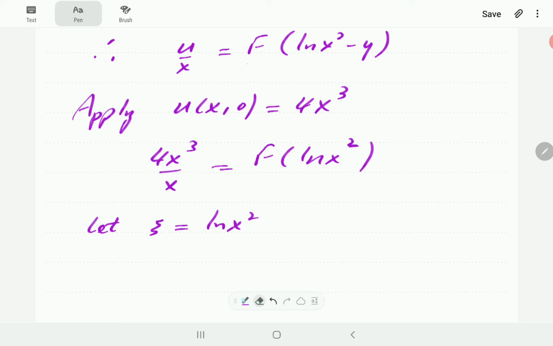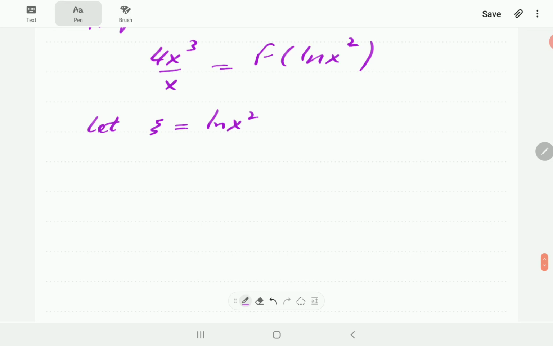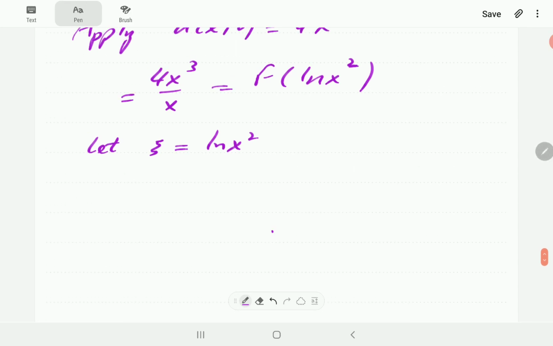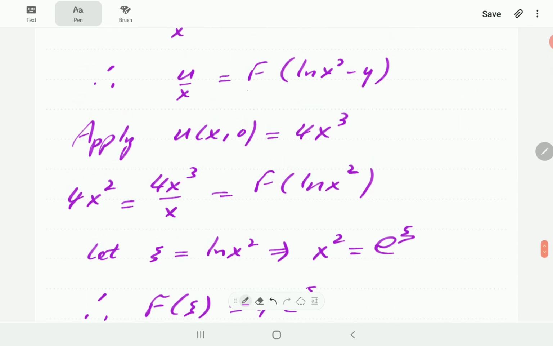So we want to know what this side is going to be in terms of xi. So just notice that this simplifies to 4x squared. So from here, x squared is e to the xi. So that means we have f of xi is 4e to the xi. So that means we have the functional form of that.